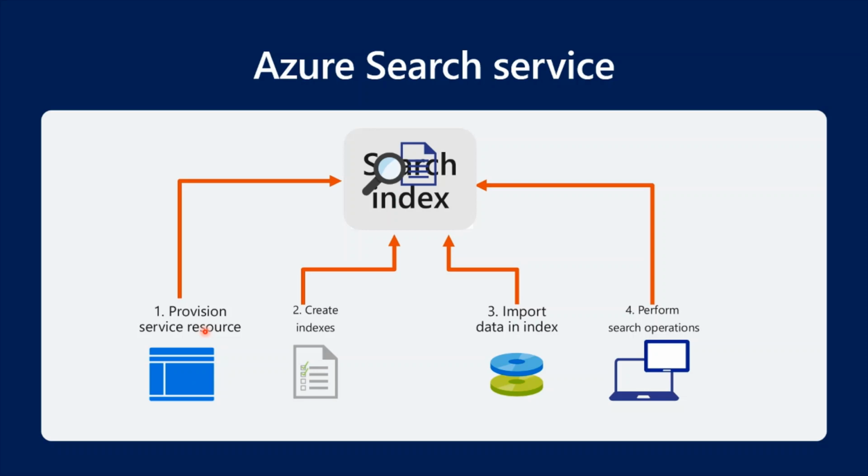After populating an index, you can issue search queries to your service endpoint by using simple HTTP requests with the REST API or .NET SDK. So what you do: provision service resource, create index, import data in the index, and perform search operations.